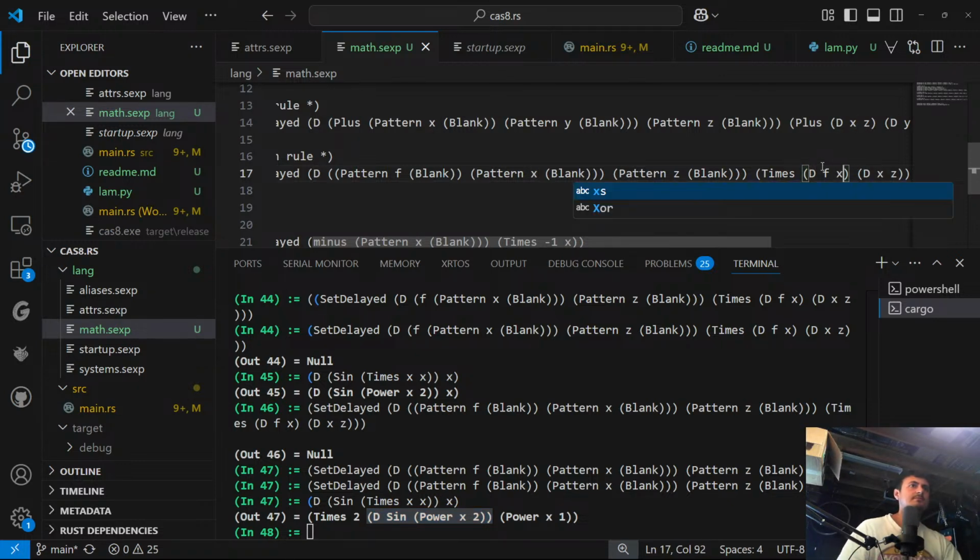Wait, is it wrong? Yeah, chain rule is harder.